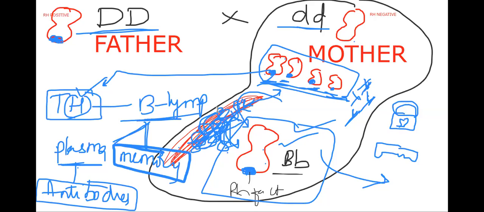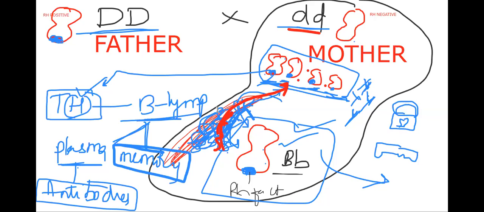The same case: zygote divides, blastula, gastrula, likewise the embryo is formed, a good enough placenta is formed, and again after the rupturing, some RBC of the second baby reach the mother, and the mother feels those Rh antigens as antigen.